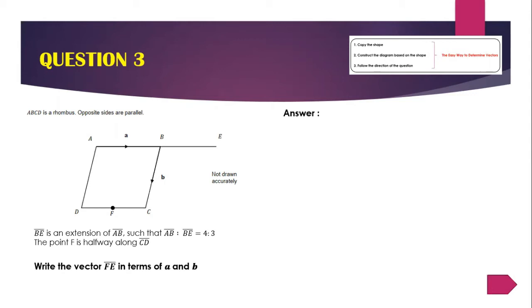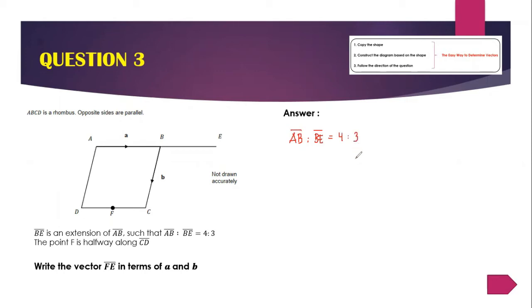Okay, students, these questions are very easy. There is information that AB to BE equals 4 to 3. Now we're going to simplify this one first. Vector AB to vector BE equals 4 to 3.